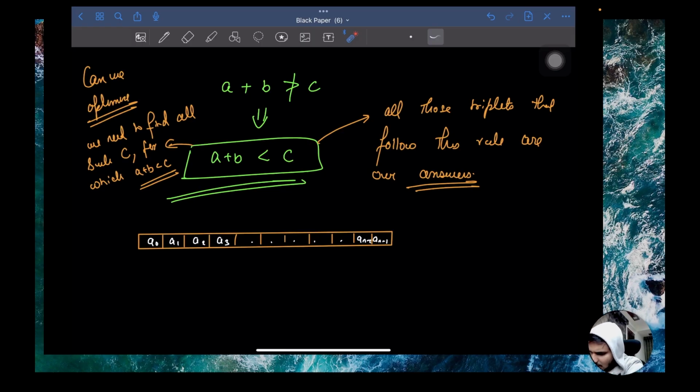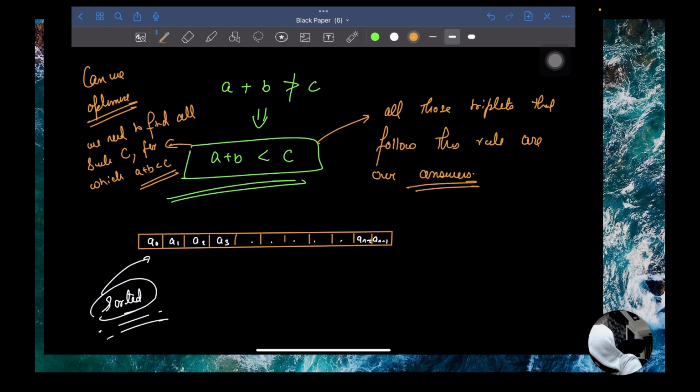Okay. Now, for the time being, if I assume that this is a sorted array, and if I have a value x, then we learned an algorithm called upper bound. What is upper bound?